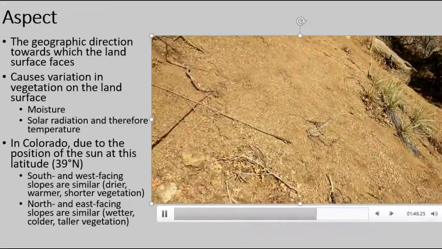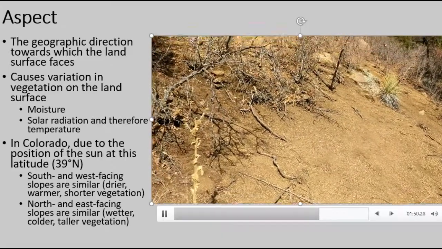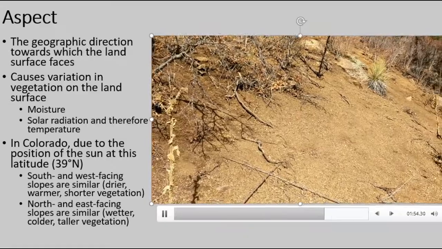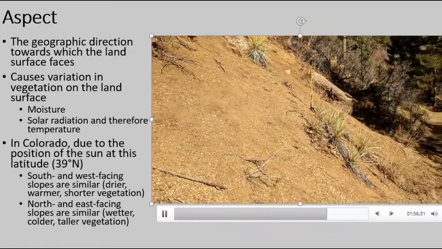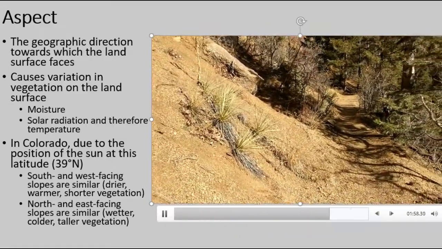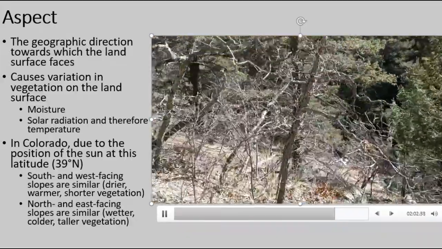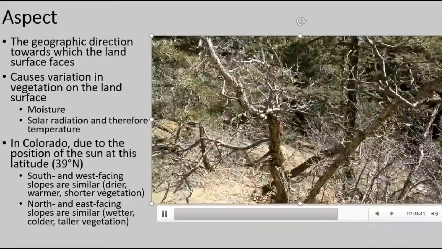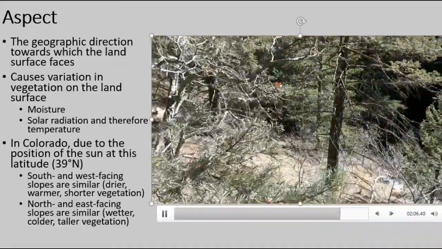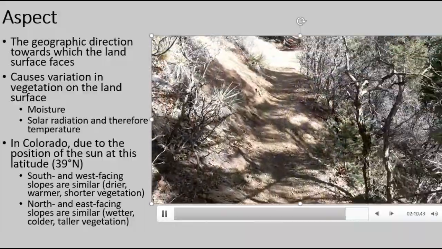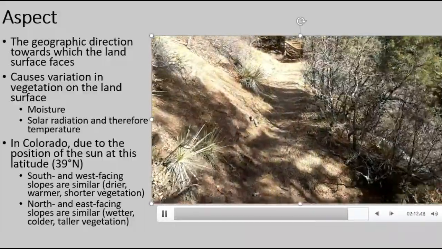This is just the decomposed granite, just the soil surface. There's some yucca, some Gambel's oak, but there's really no understory because it is so dry over on this side. There are some trees still, but they're not nearly as dense as they were before. There's nowhere near full coverage in the canopy because so much sun is hitting the surface.